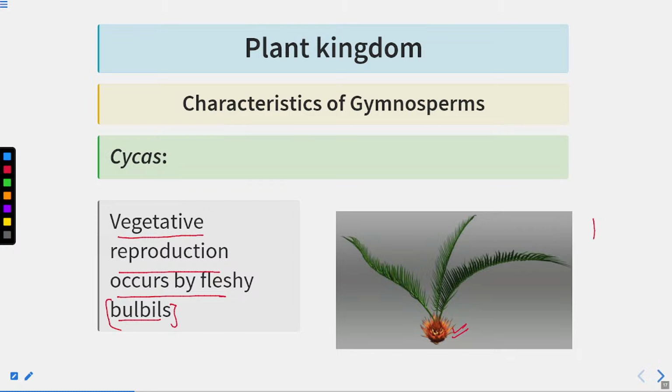If I draw a figure of a Cycas tree, at this point they give rise to small bulbils like this. You can detach this bulbil and place it in another pot or at another site, and this will give rise to a new plant. So vegetative reproduction occurs by the fleshy bulbils.